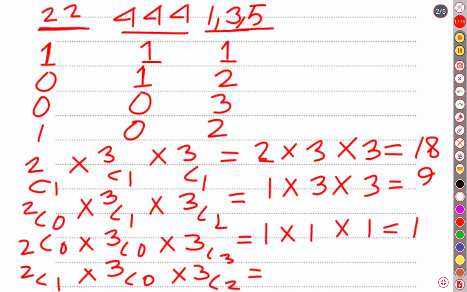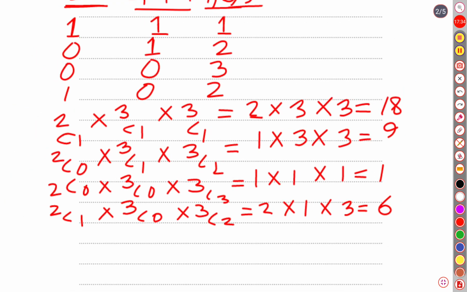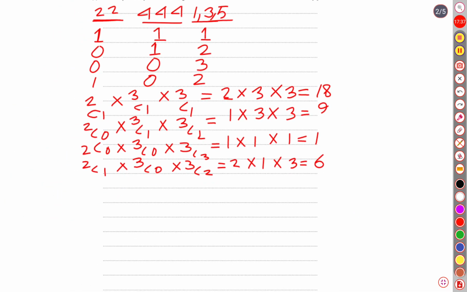So what will it be? 2 choose 1 means 2, and 3 choose 0 means nothing but 1, and 3 choose 2 is actually 3, so it is going to be actually 6. So total number of arrangement, not arrangement, selection is going to be what? If we sum up, it's going to be 6, 7, 7, 9, 16, so 34, it is going to be 34.